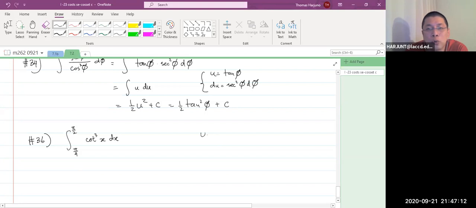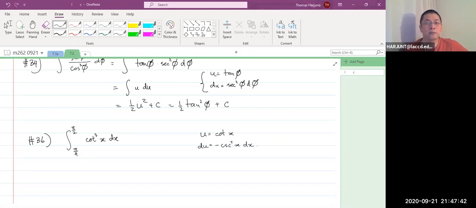So let u equal cotangent x. Then du will be the derivative of cotangent, which is negative cosecant squared x dx. Is that right? I don't remember this off the top of my head, so let me do it again.